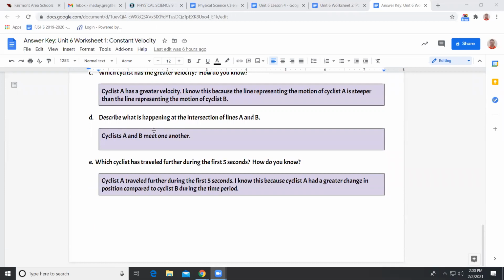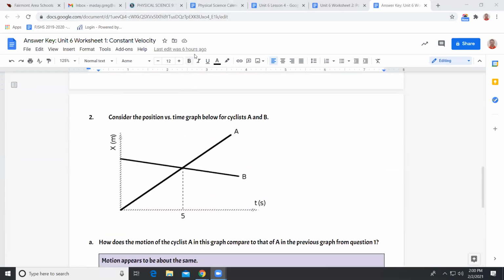Then the last question says, which cyclist has traveled further during the first 5 seconds, and how do you know? In this case, you can see cyclist A has traveled further, and let me plot this out real quick.